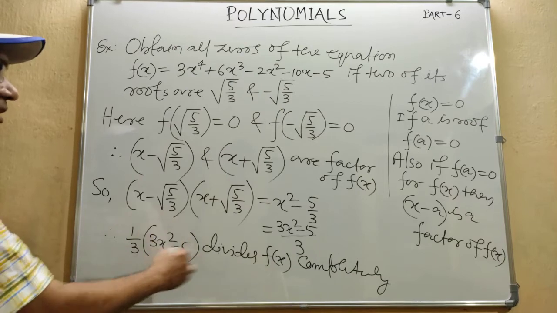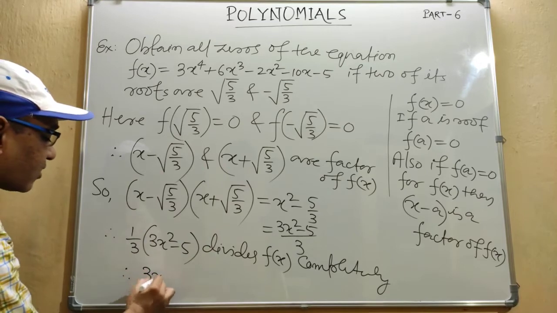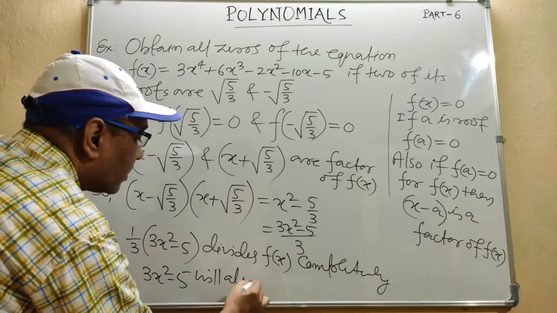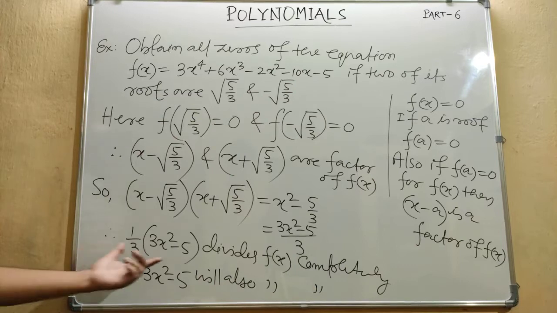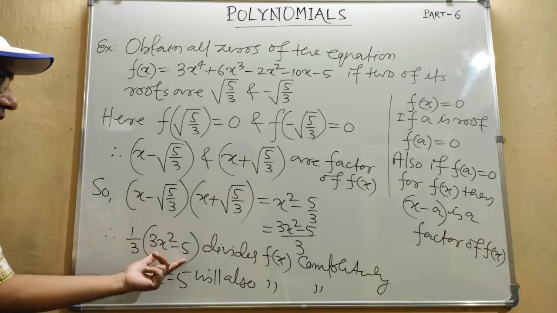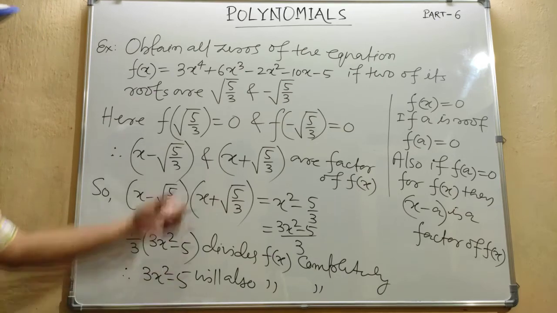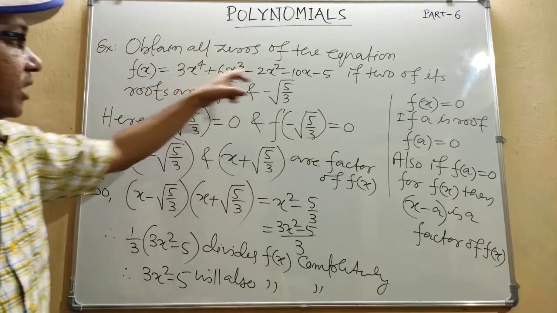And if this divides f(x) completely, then if you remove this constant, 3x square minus 5 will also divide f(x) completely. ये अगर डिवाइड करता है ना इस पोलिनोमियल fx को, तो ये कांस्टेंट हटा दीजिएगा, तो ये जो पार्ट बचेगा ये भी डिवाइड करेगा उसको कंप्लीटली. ठीक है, so 3x square minus 5 will divide the polynomial f(x) completely. So this will be a factor of this polynomial. इस polynomial को ये डिवाइड करेगा, मतलब ये फैक्टर होगा इसका.